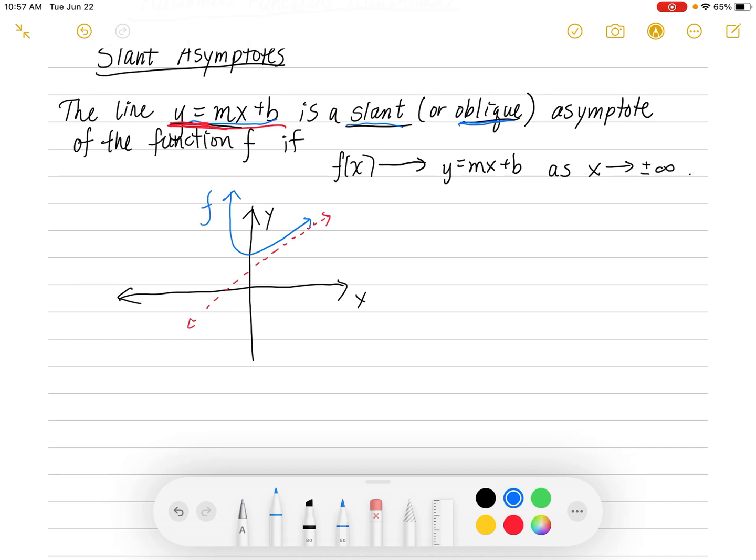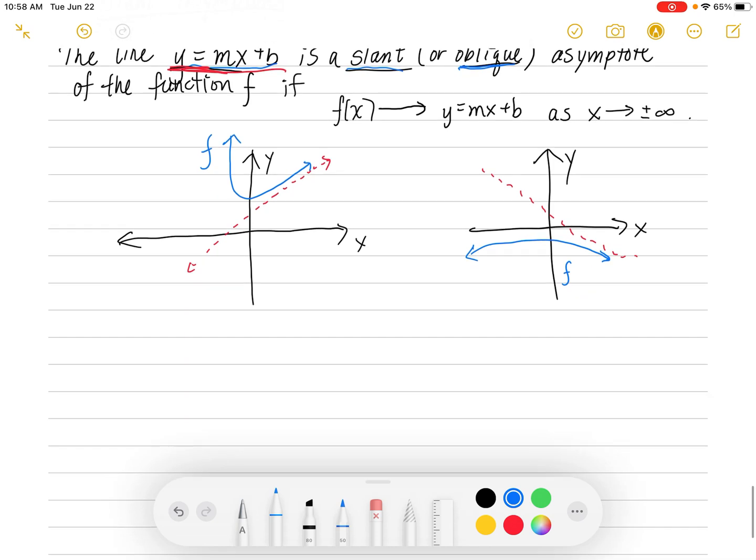So as you go to the right, the function approaches this diagonal line. Or it could do something else. Your function could maybe do something like this. It gets really close, but never touches that slant asymptote.